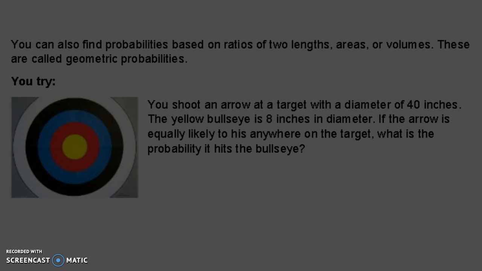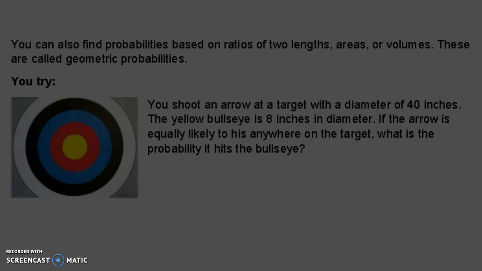Let's go back and think, what is the formula for the area of a circle? Pi times the radius squared, right? The radius of the bullseye, which has an 8-inch diameter, is 4. The entire target has a diameter of 40, so its radius is going to be 20.